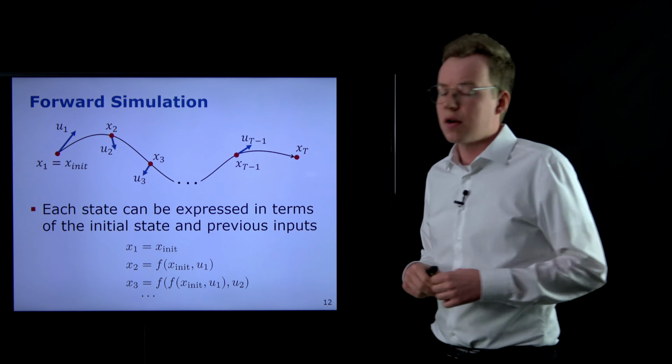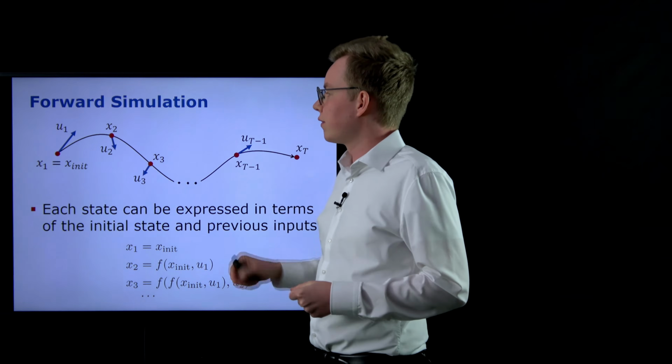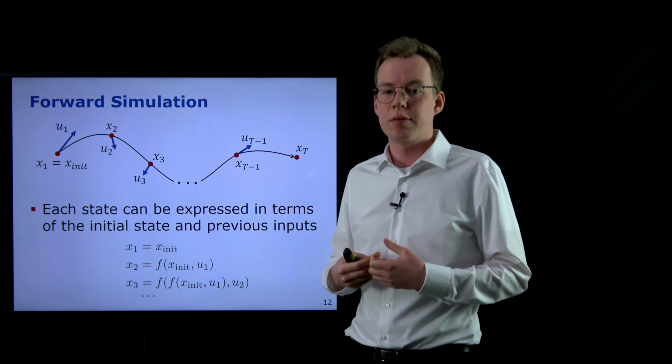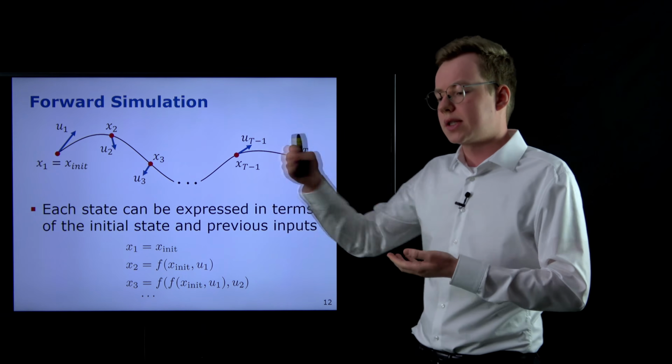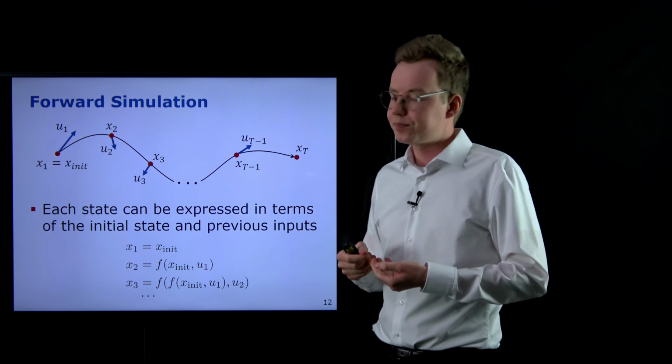And so the idea of state elimination builds on this idea of forward simulation, which is that we have this very specific structure of the problem, that all the states are always connected to the previous state via the dynamics constraints.